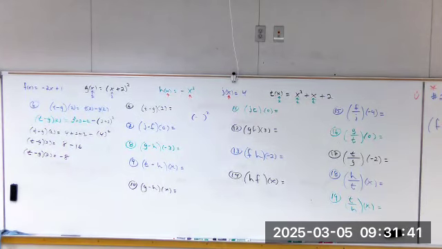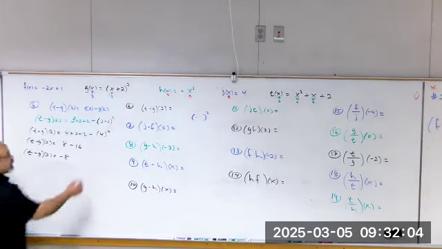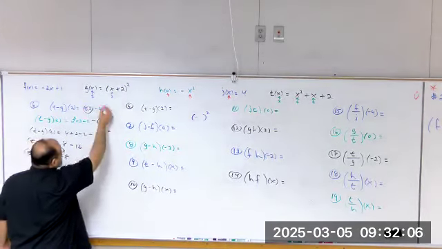You notice I'm following the order of operations, but I'm kind of combining a little bit here and a little bit there. What are the last two things you do in the order of operations? Addition, subtraction. So the last thing I'm going to do is take this and then minus that.